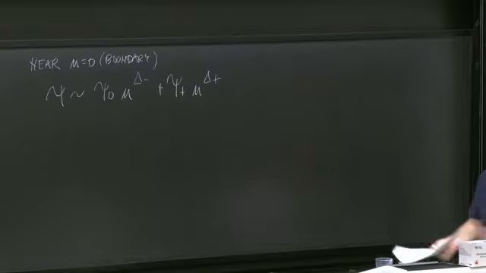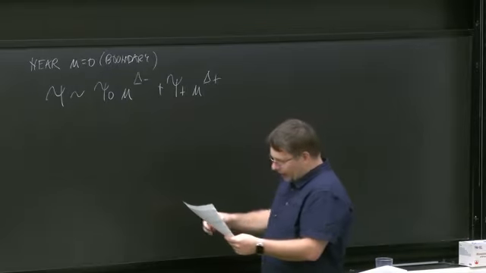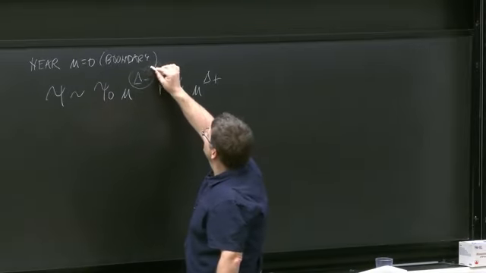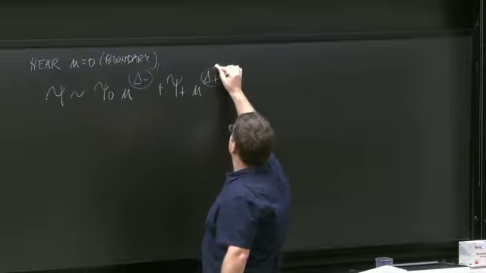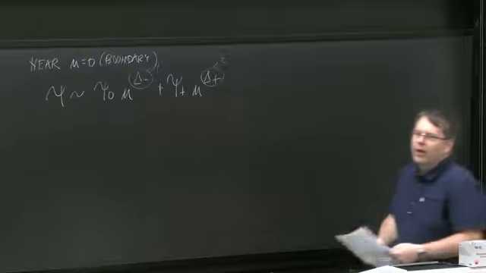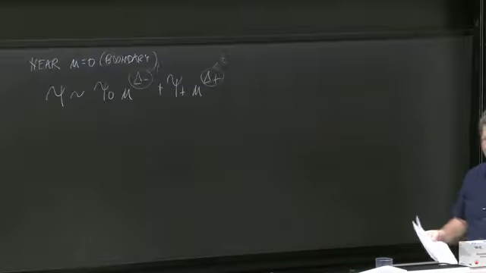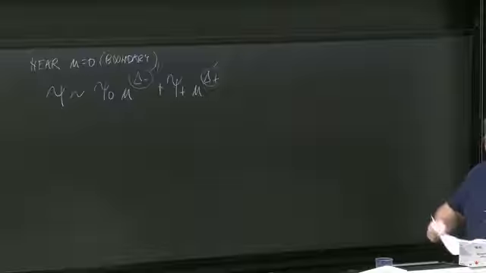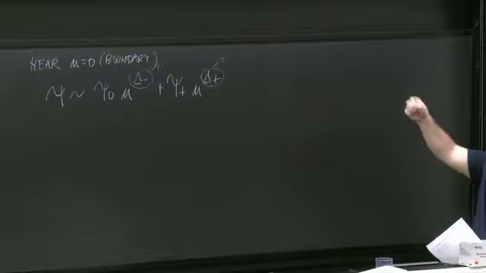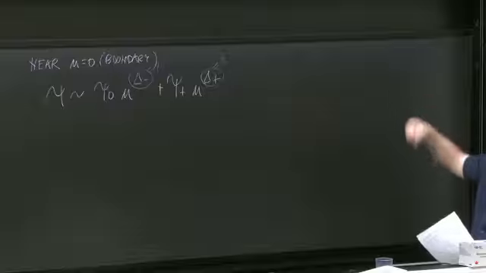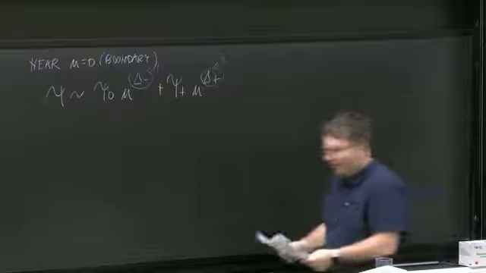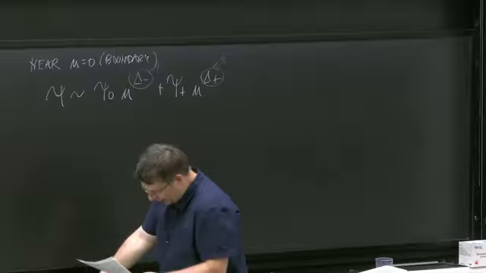These are the scaling dimensions. In our case, you will find that delta minus is equal to 1, and delta plus is equal to 2, if you use the formula I provided a couple lectures ago, delta plus minus is d over 2 plus minus the square root of d squared over 4 and so on.